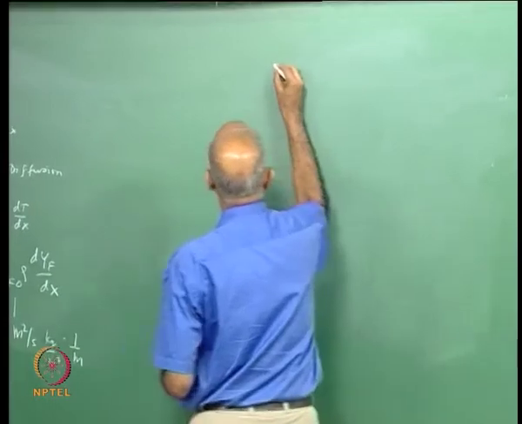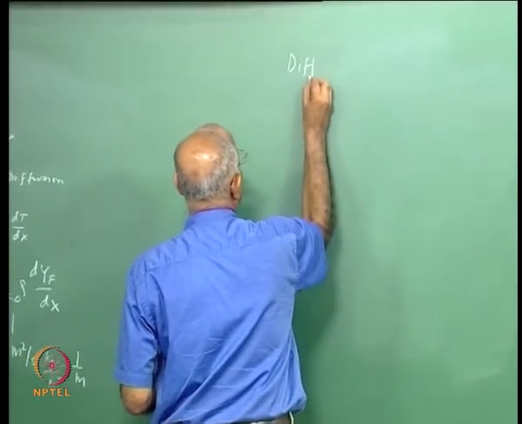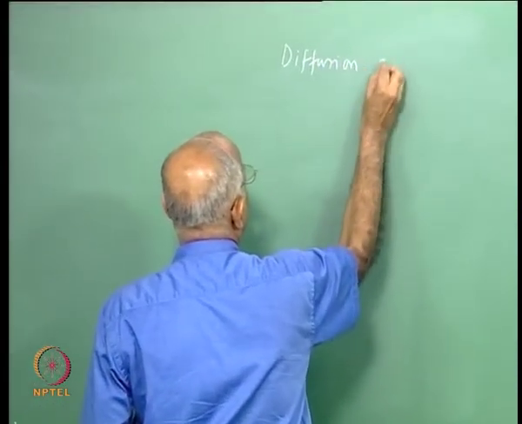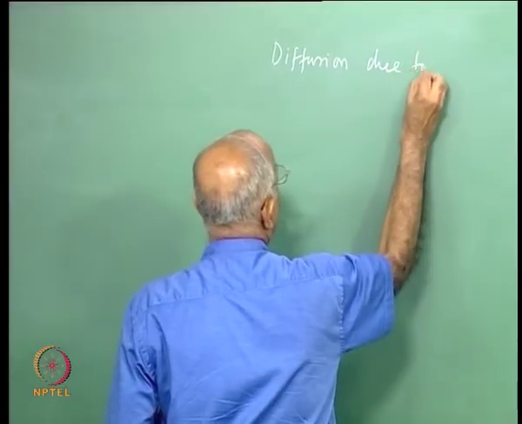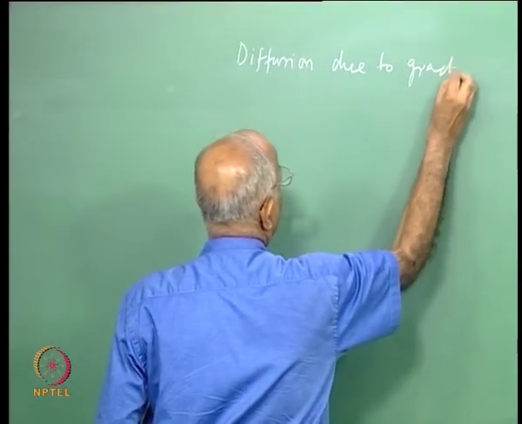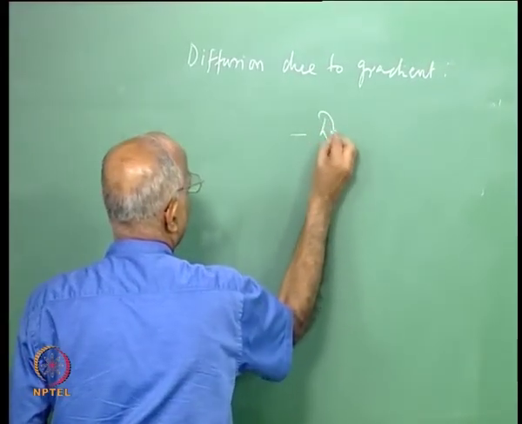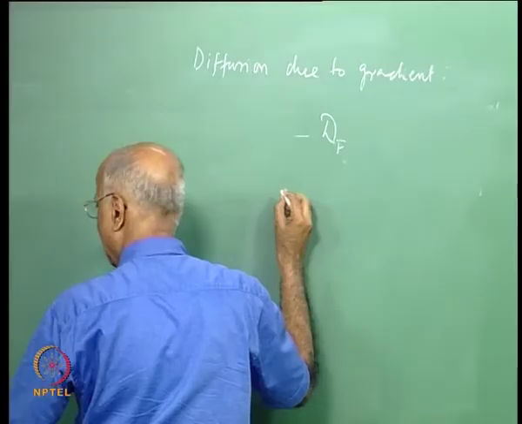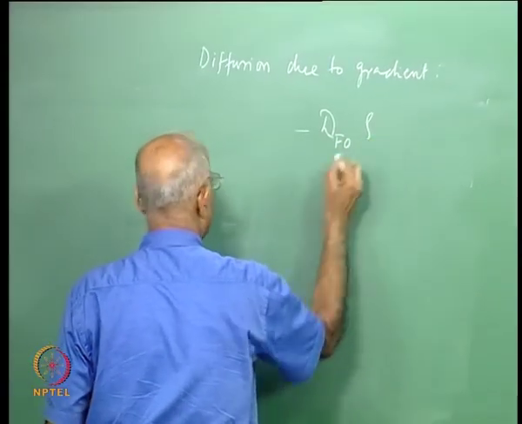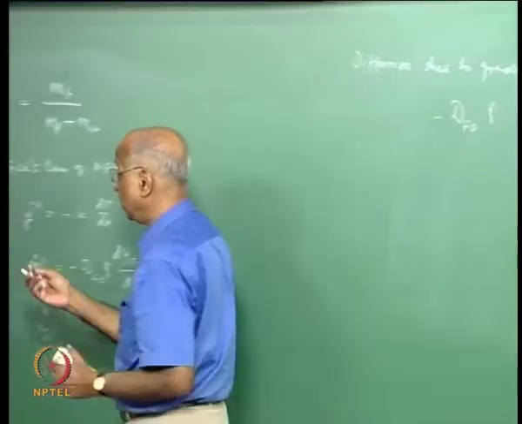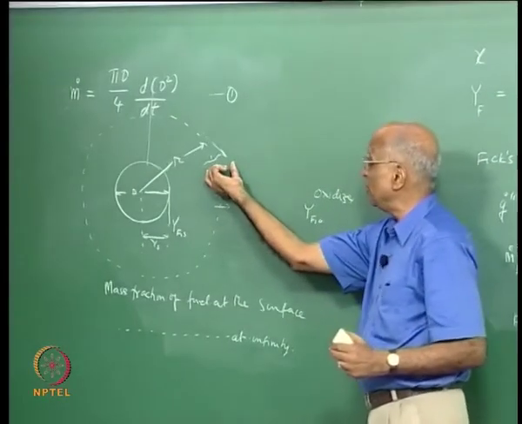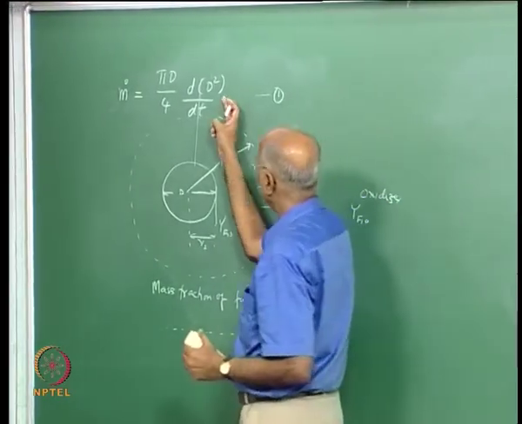Because of diffusion due to the gradient, I have minus diffusion coefficient of fuel in oxygen multiplied by the density. And what is the density? We are looking at the gas density. Let us be very clear. Over here I should have multiplied this.